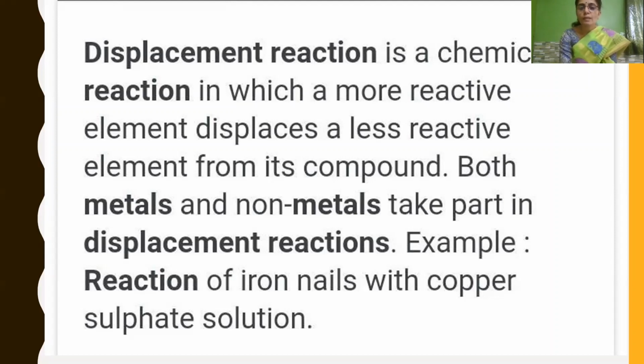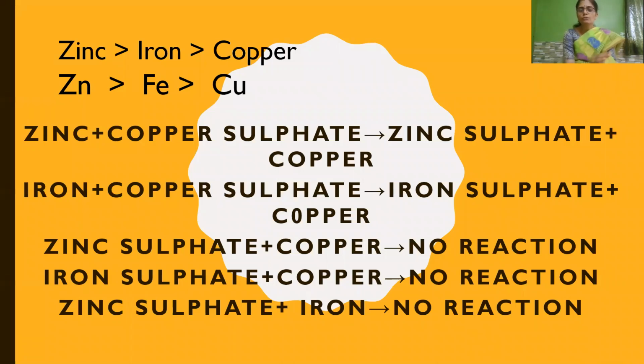So let us revise this with examples. This is very important. First you should know the reactivity of elements in this order. You only need to know 3 metals in descending order of reactivity.